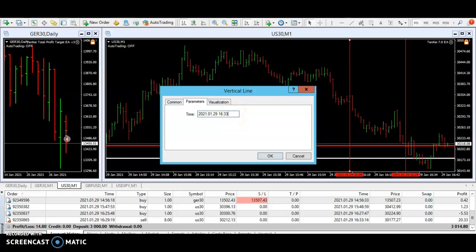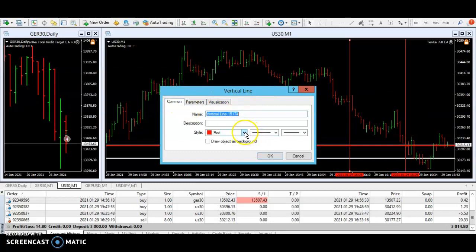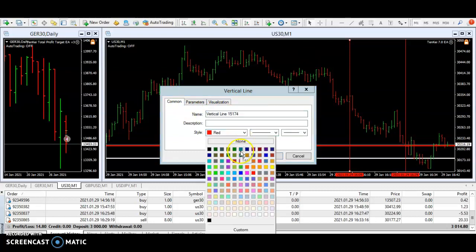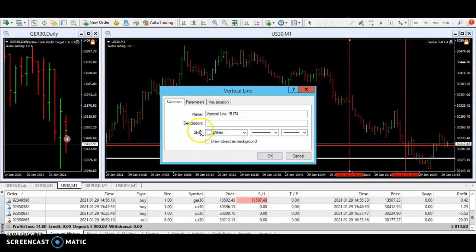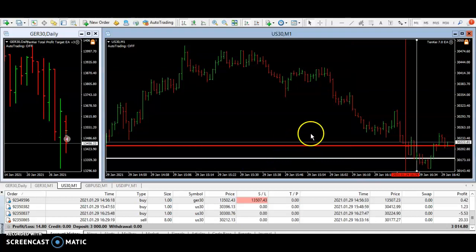And the color, let's make that a white line as well, and draw it in the background there.